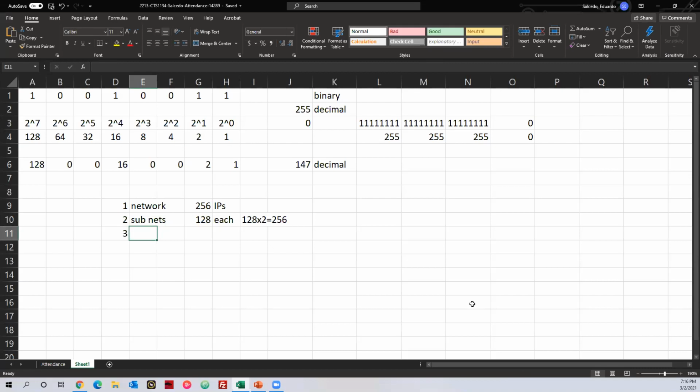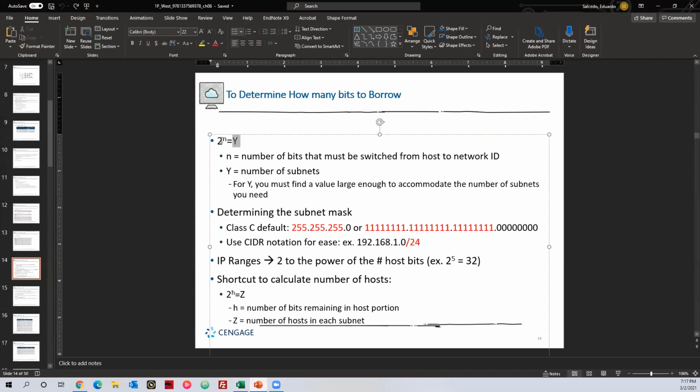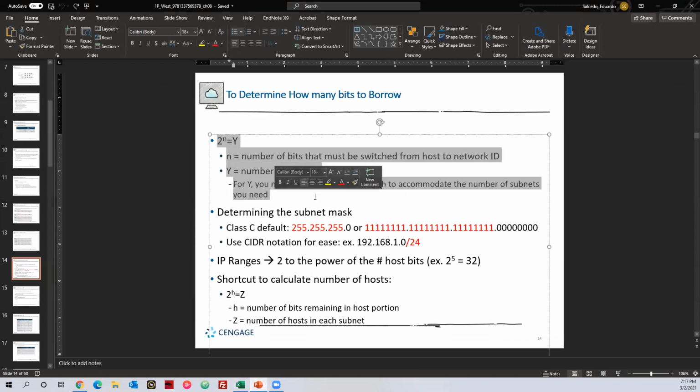If I tell you create 3 subnetworks, you have to basically create 4, because if you add 64, 64, 64, 64 together, you get 256, the total amount. Why 4? Because it has to be a number that qualifies with this.